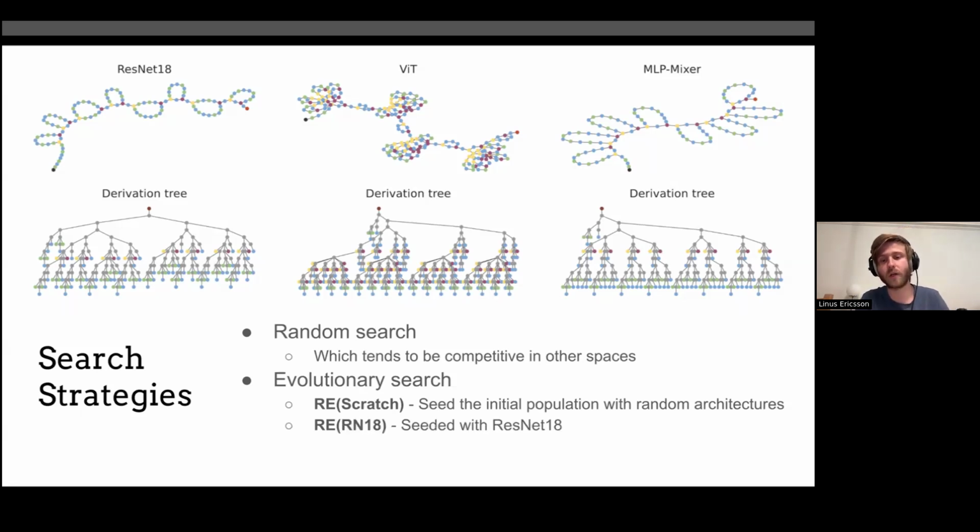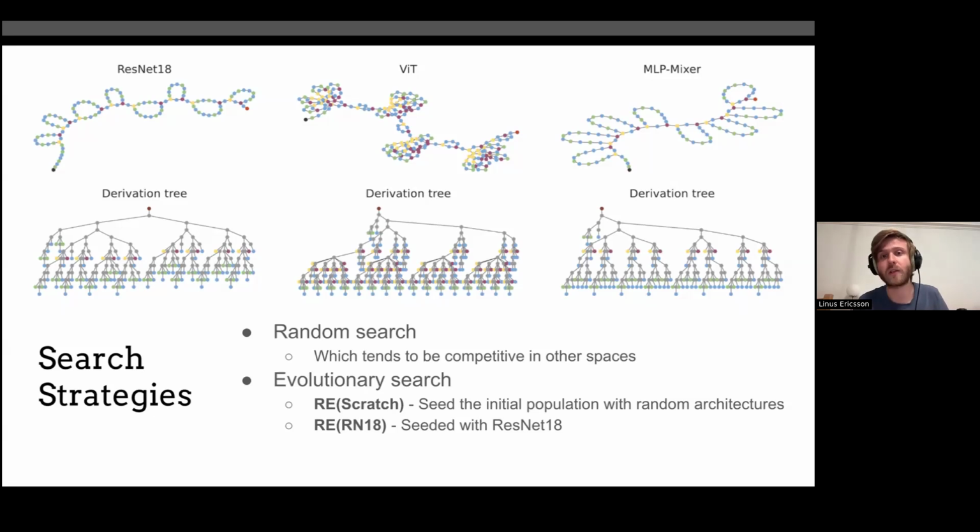Then we also initialize this initial population with some of these architectures we can see here. The ResNet 18 is the baseline network that is recommended for some of the benchmarks that we use. And so we try to perform our search with the initial population set to ResNet 18s, because after all, we have years, maybe even decades by now, of human architecture development, and so we may as well use them.